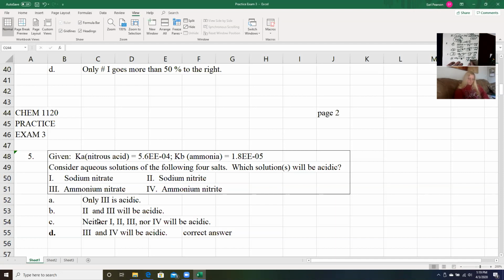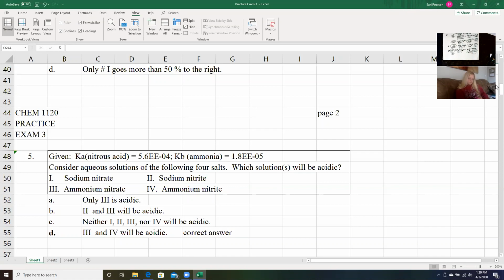So the acid is stronger, and this salt is going to be acidic. So 3 and 4 are correct, and both are shown in answer D.